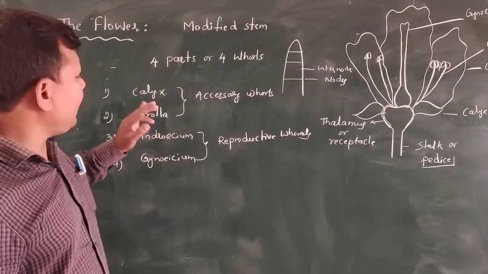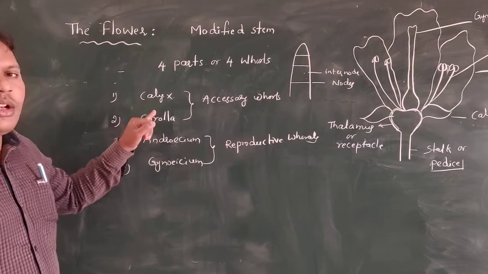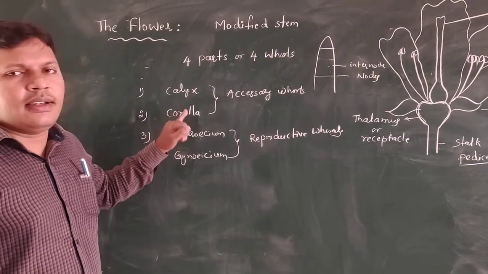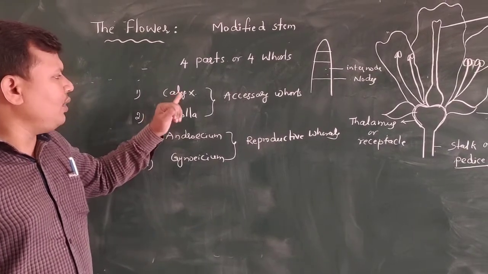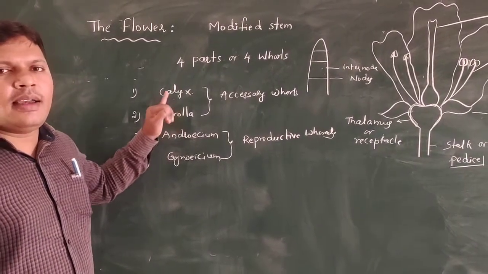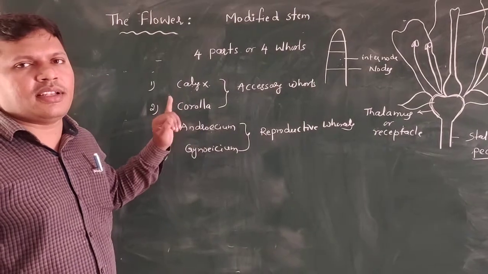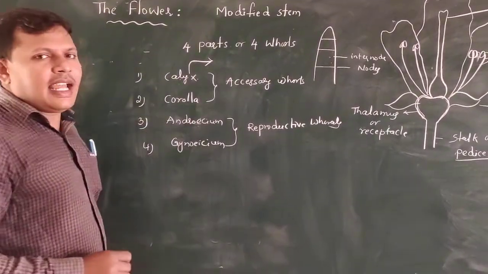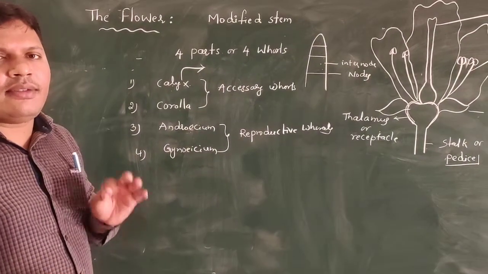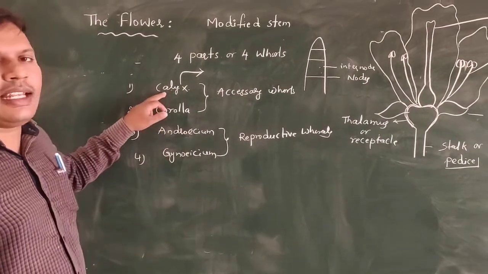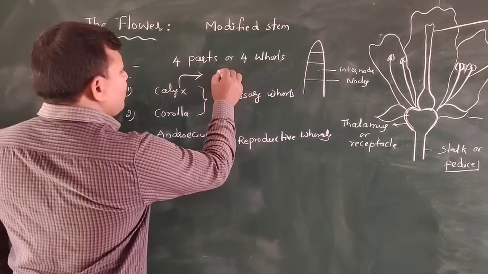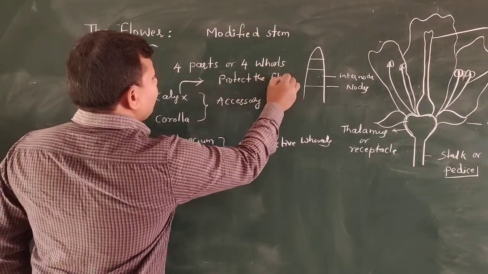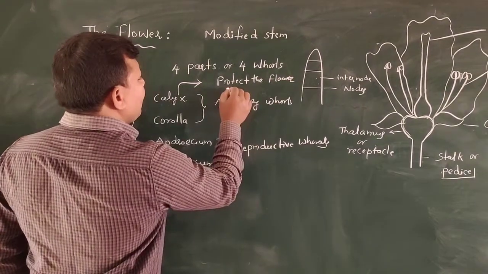The calyx and corolla do not participate directly in the fertilization, but both are helpful in the fertilization process. The function of the calyx is mainly protecting the flower when it is in bud condition.